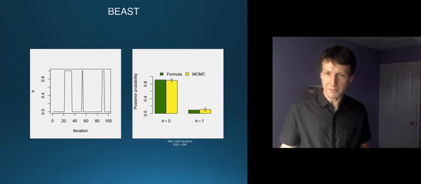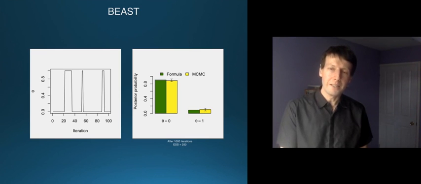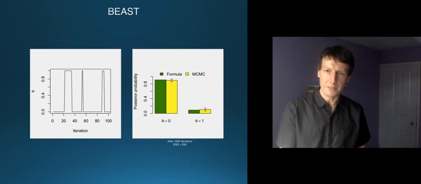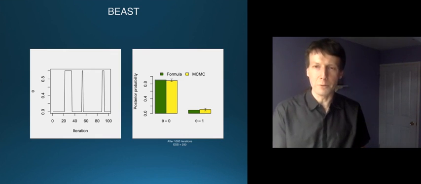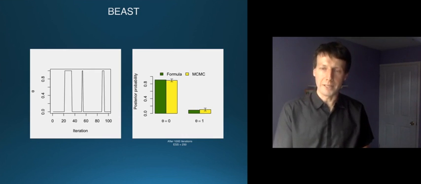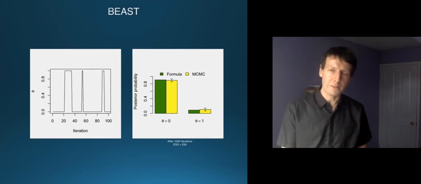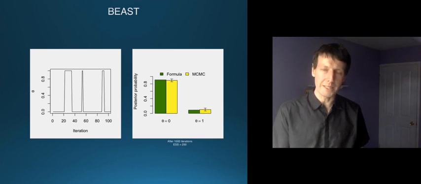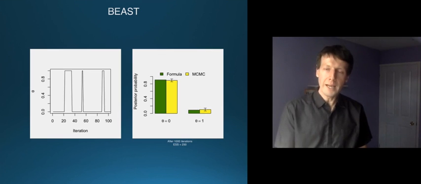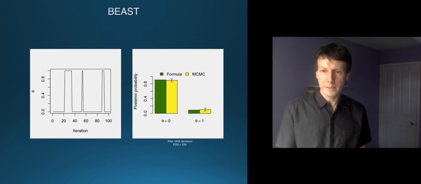The idea is that you run this for long enough that you can summarize the chain in a histogram or a bar plot, as you can see on the right, and we can compare the MCMC for this example to the explicit mathematical formulas in green to look at the accuracy. And you can obtain standard errors for the MCMC-based estimates of posterior probabilities or means or confidence intervals. You can see that I've run, in this particular example, over 1,000 iterations rather than 100 iterations.